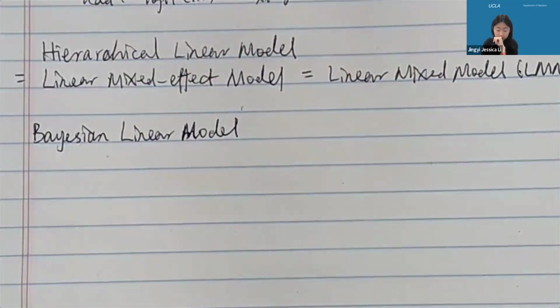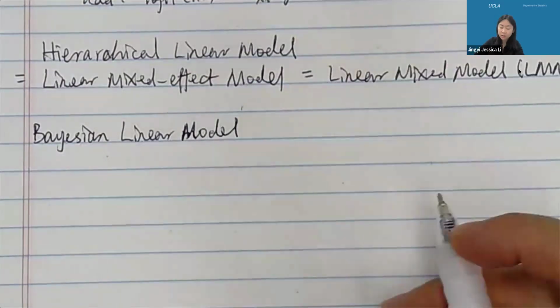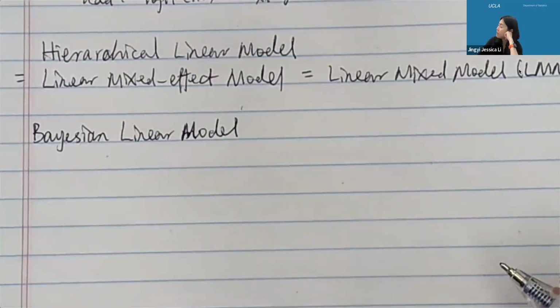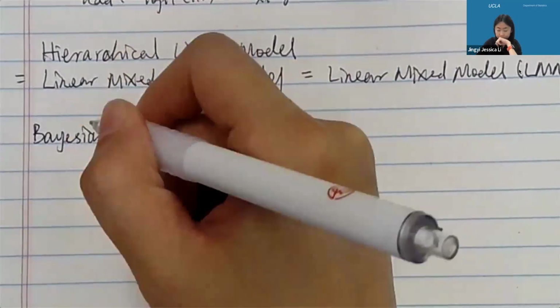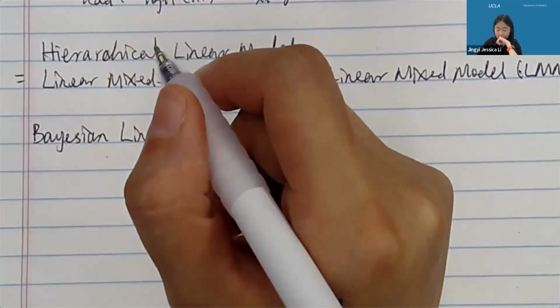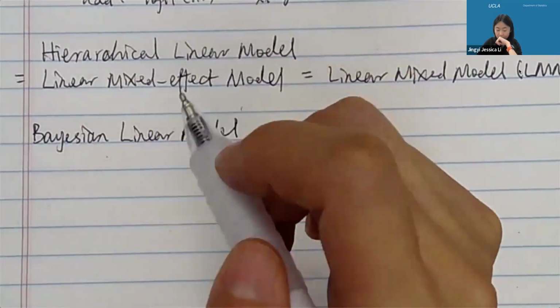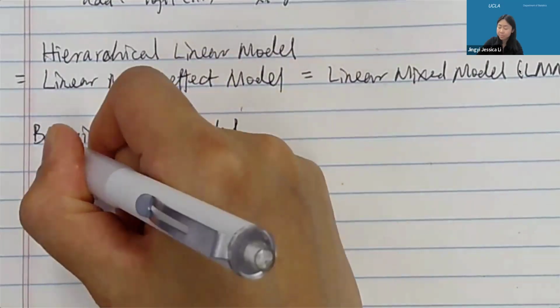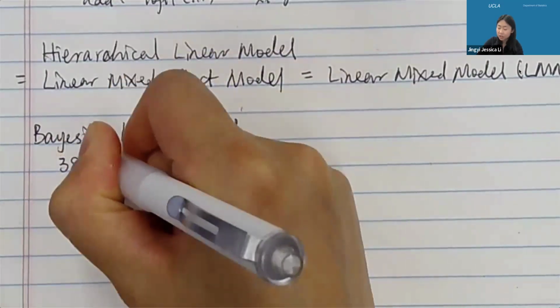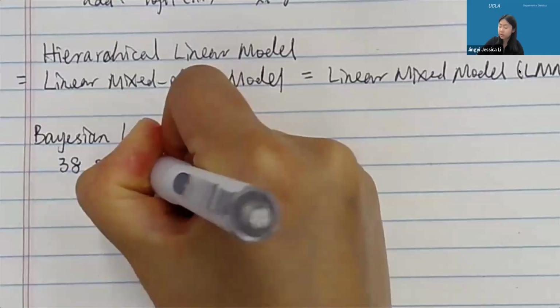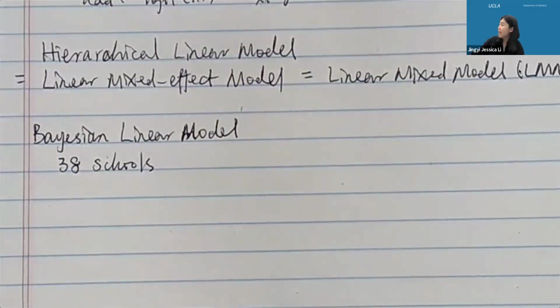Let's say that I have 38 schools, and I have students from each school.